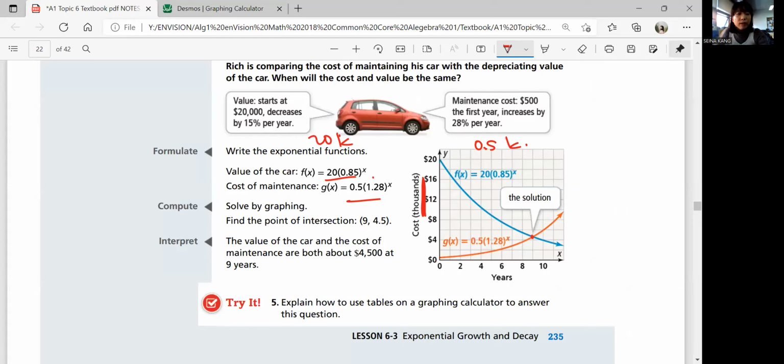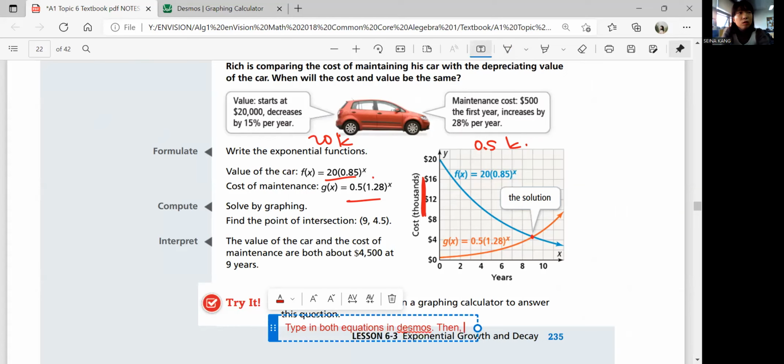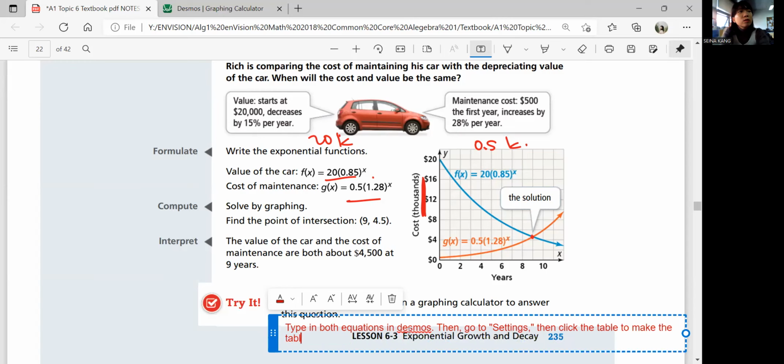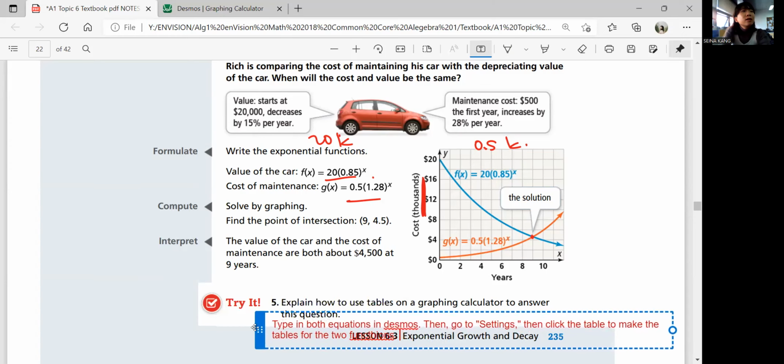Okay, so how can we explain that? You can type in both equations, then go to settings, then click the table to make the tables for the two functions.